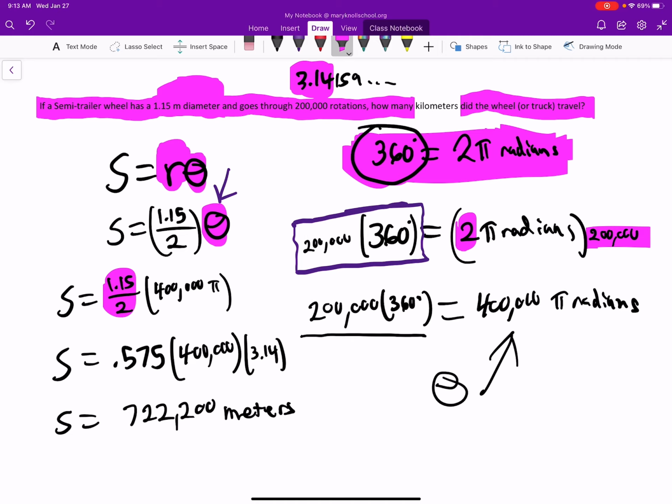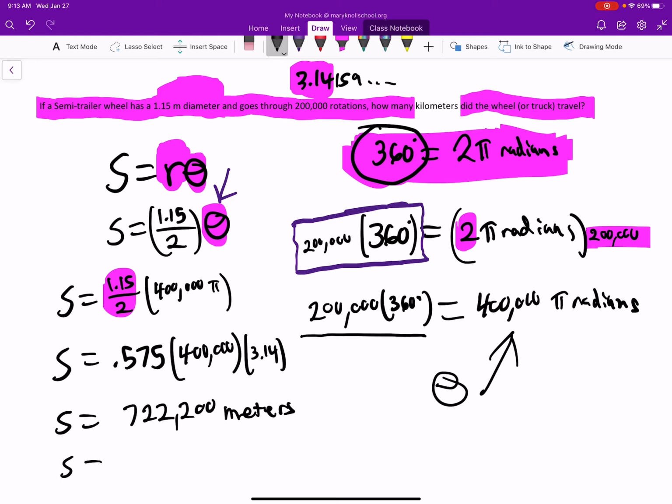So we have meters, and we need to switch over to kilometers. Now remember, I'm going to say it again: we were in standard units. We were using radians and meters in this one. So we stayed in standard units. Again, we're just going to use that same strategy where we stay in the standard units the whole time. So let's go ahead and transfer over to kilometers now.